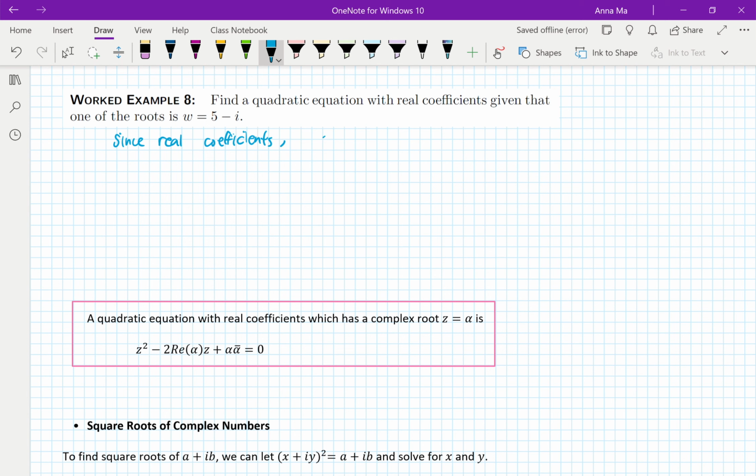So since real coefficients, the conjugate of W is also a root, which means I can construct the equation again by taking the difference of those two roots. So the conjugate of 5 minus i, of course 5 plus i, is equal to 0. And you could just expand it however you like, but okay, let me just expand out the negatives first.